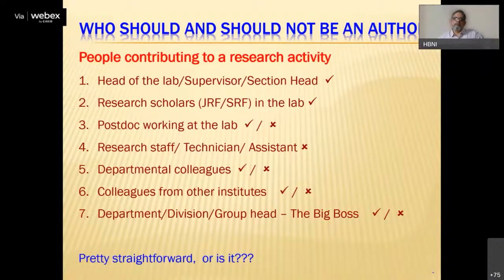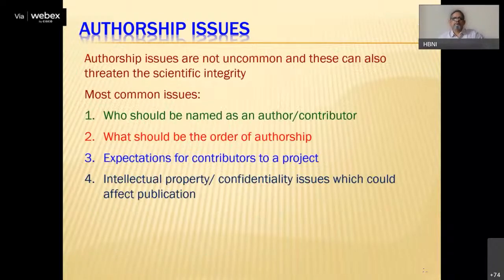So is it as straightforward as it is? Usually it's not. There are several problems when you go into this. Let us see what happens. So what are the issues which come up while considering the authorship of manuscripts?